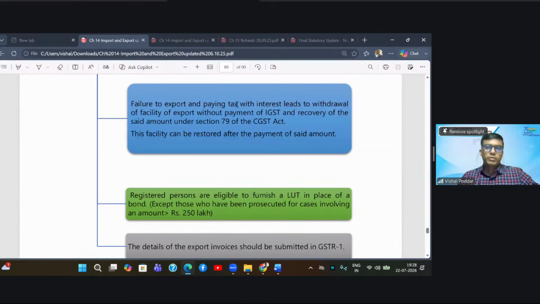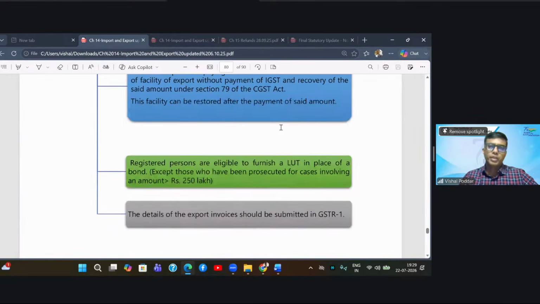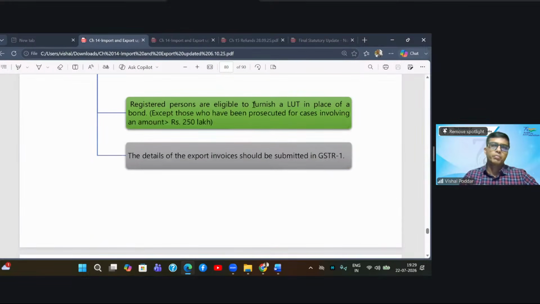Failure to export and pay tax with interest leads to withdrawal of the facility of export without payment. So the LUT which is given to me will be withdrawn, and recovery of the said amount under section 79 of the CGST Act will be initiated. This facility will be restored once I make the payment.